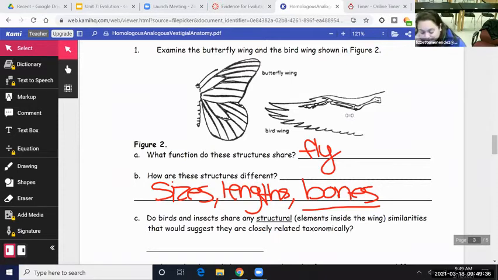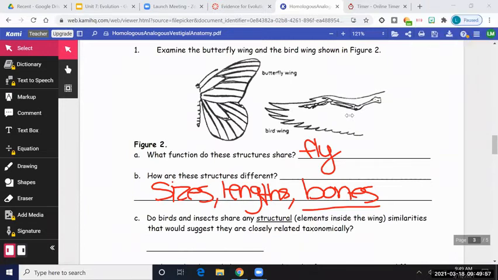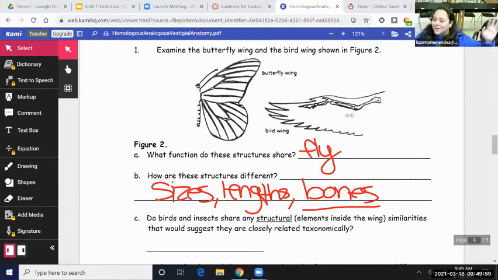And then is there anything else that you noticed other than size, length, bones? Is there something else? Make sure everyone lets me know their thoughts. Also, you can look at the material that these wings are made out of, skin and feathers for birds. Feathers. Yeah, that's exactly what I was going for.